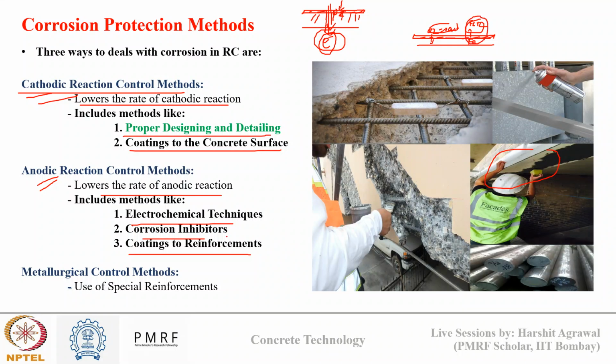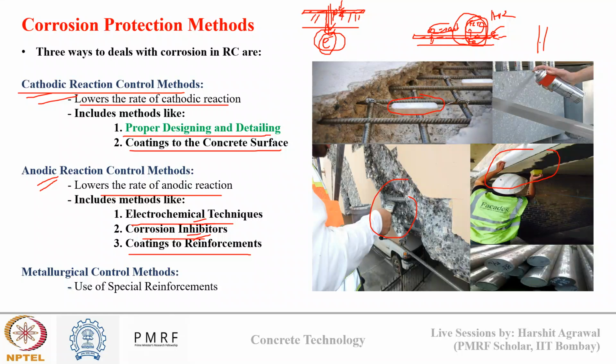Okay, so that's why I have corrosion inhibitors. What do corrosion inhibitors do? They form a film over the reinforcement surface, which inhibits this reaction from occurring and delays the anodic reaction. Or I can provide some coating over the reinforcement which can delay the anodic reactions, like you can see here. Or there are electrochemical techniques like the use of a sacrificial anode.